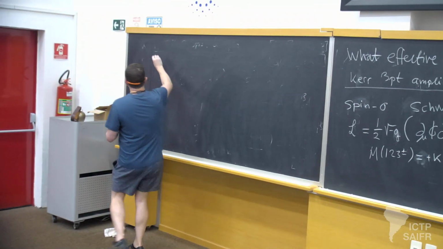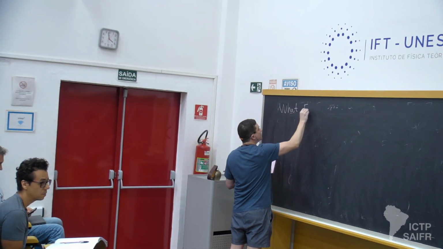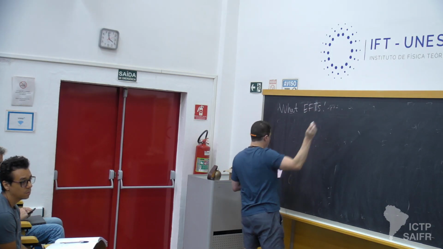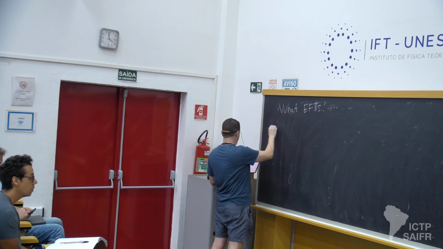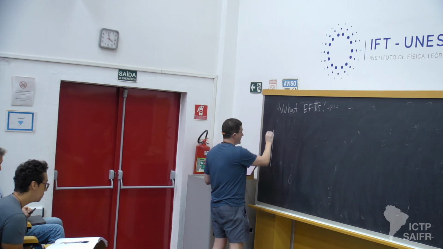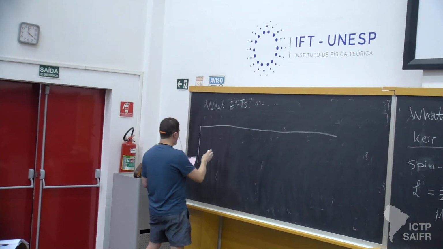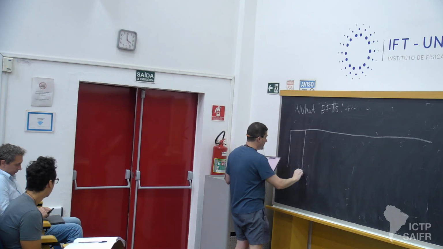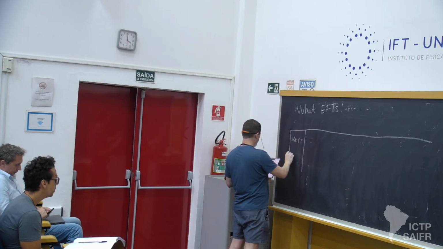Okay, so then let's answer the question: what EFTs describe Kerr? So let's make a table here. Sorry for my crooked line. I want to put Kerr here, and then root Kerr.